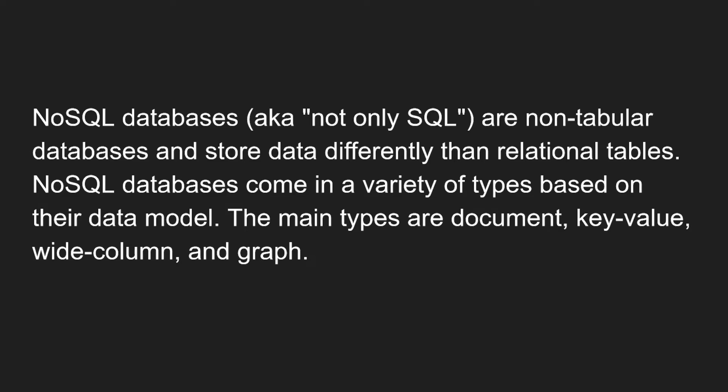MongoDB is document based, right? So the main types are document based, for example MongoDB. Key value pairs, we can take Memcache, Redis, like that. Wide column and graph. These are all the different types of NoSQL database, the way of data storing: document, key value pair, wide column and graph.